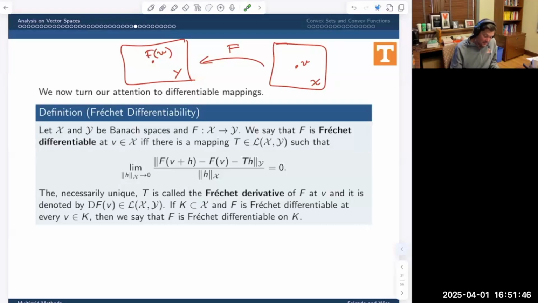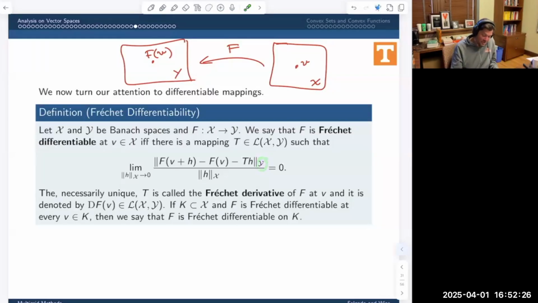Such that the limit as the norm of H goes to 0, which is equivalent to H going to the zero point in the space, of this quotient, called the difference quotient. In these Banach space mappings, everything in the pre-image gets normed with X, and everything in the image gets normed with Y.